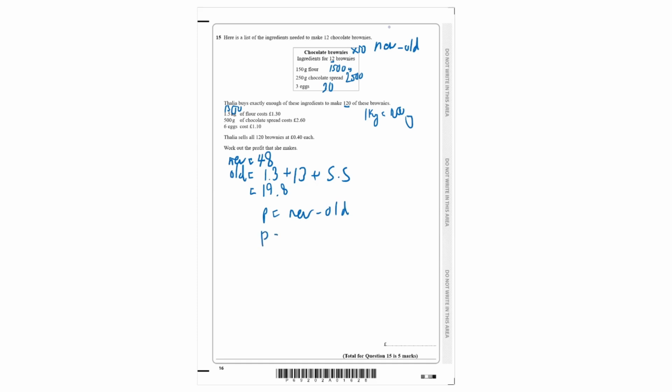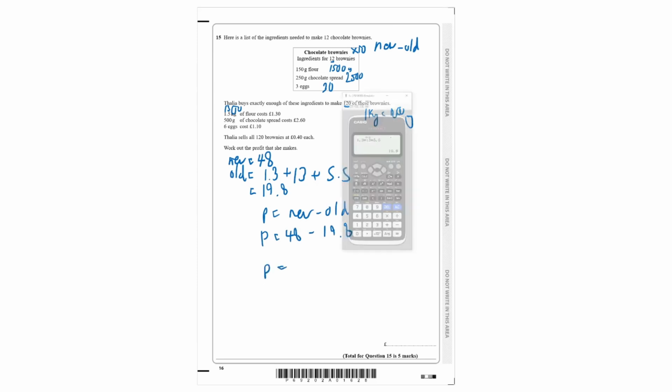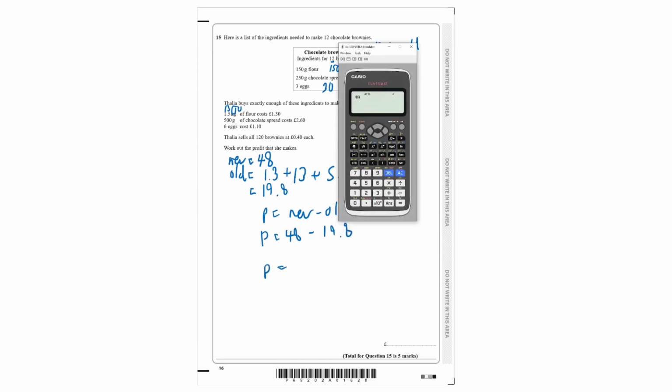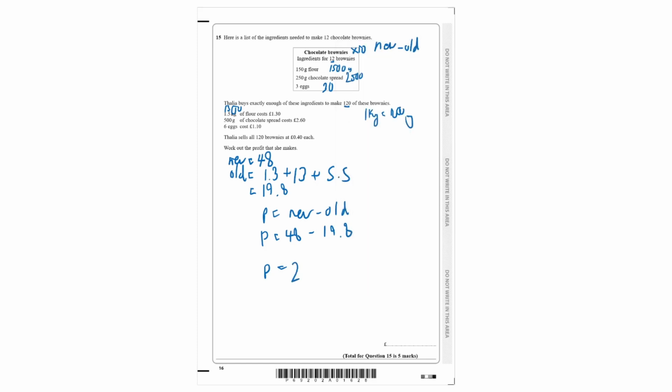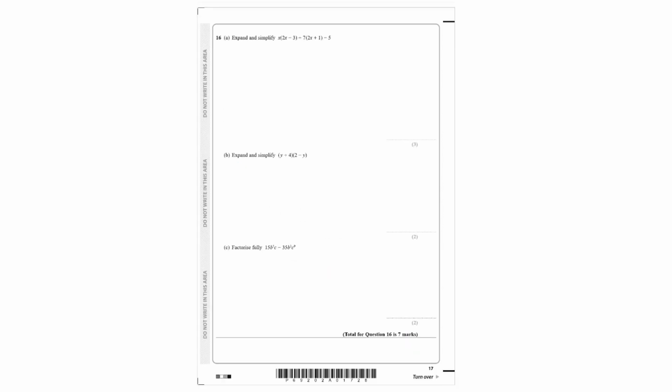We already have new, which is 48, and we have old, which is 19.8. So that means profit can be calculated as 48 minus 19.8 gives us 28.2. 28.2 pounds.